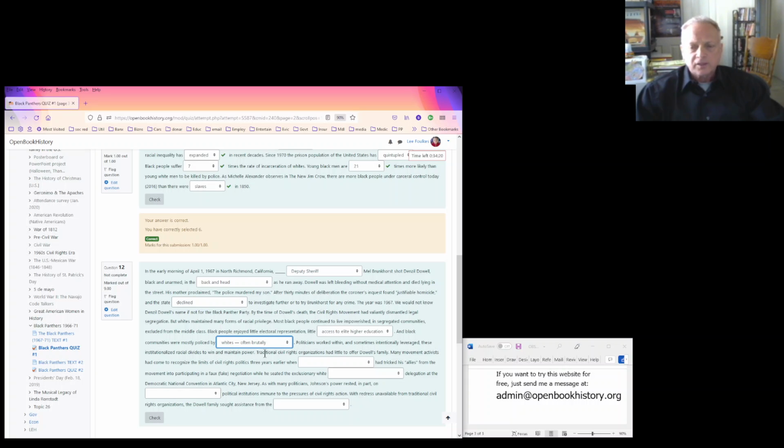Traditional civil rights organizations had little to offer Dowell's family. Many movement activists had come to recognize the limits of civil rights politics 3 years earlier when blank had tricked his allies from the movement.